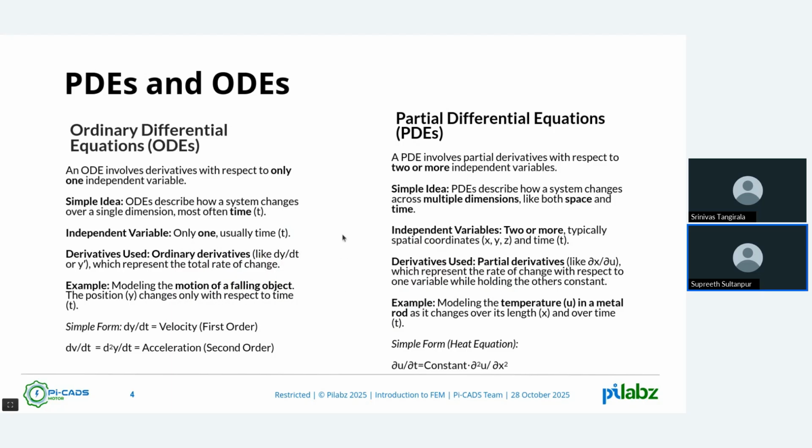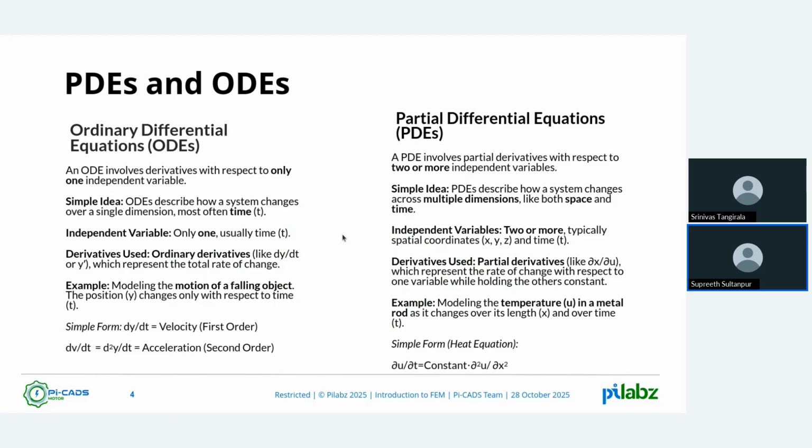And when it comes to notation, you have notations like d by dt of some variable. For example, here it's y. You can have d by dt of temperature. You can have d by dt of, say, force, any of those things.